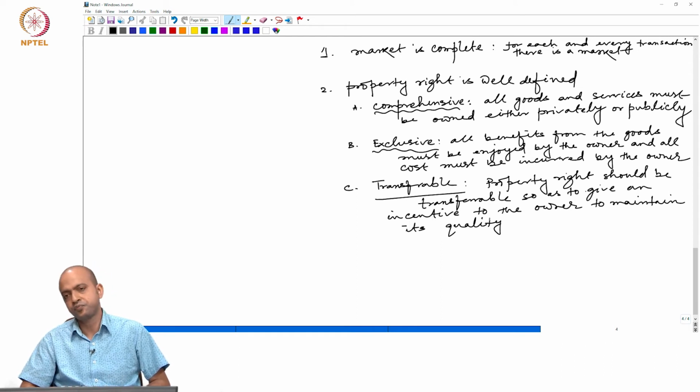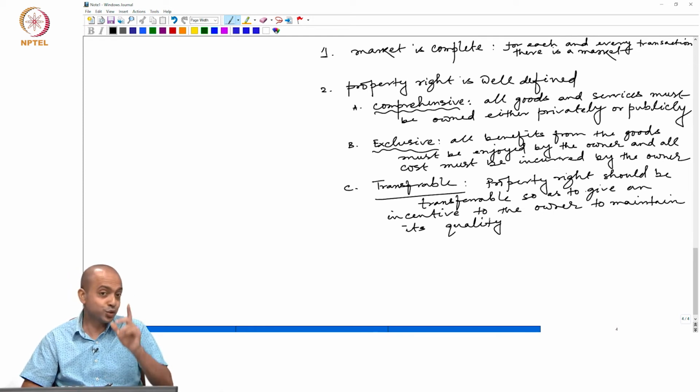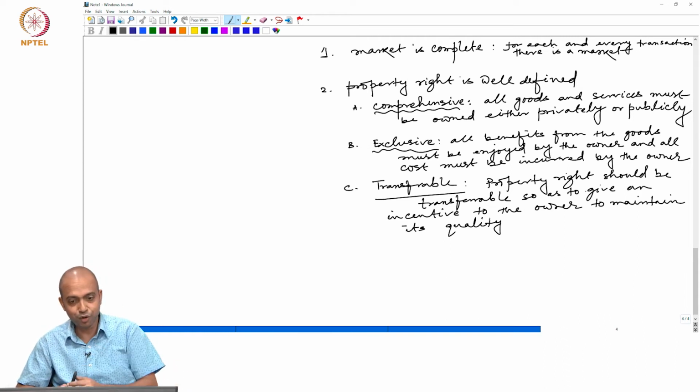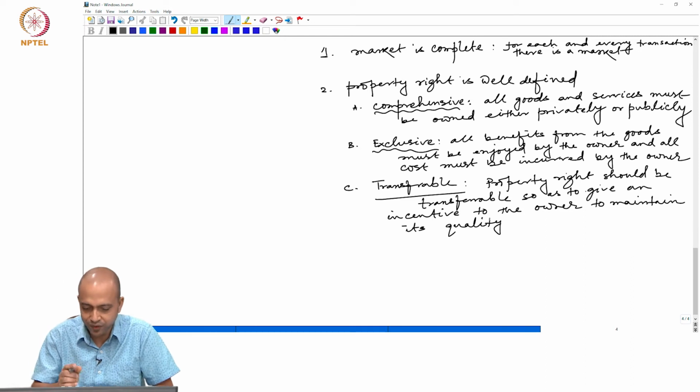For example, if you buy an air ticket and if you are not able to travel, do you think that you can transfer the right of that property to someone else and I can travel with your ticket? No. So those properties are actually non-transferable. If that is non-transferable, I have no incentive to maintain the quality. So, this is the third feature of property right to be qualified as well defined.